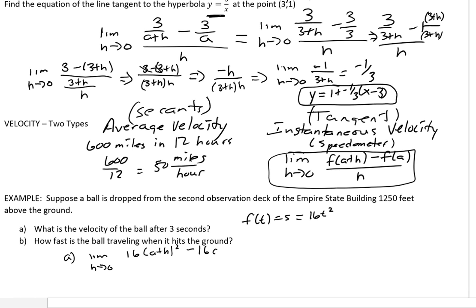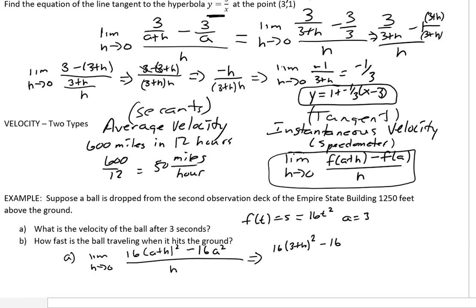Now I know that a is 3 seconds, so I plug in for a: 16 times 3 plus h squared minus 16 times 3 squared, all over h.